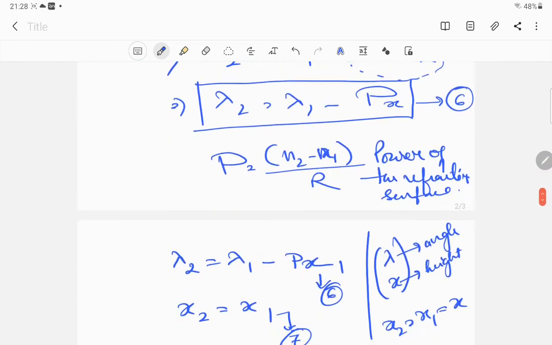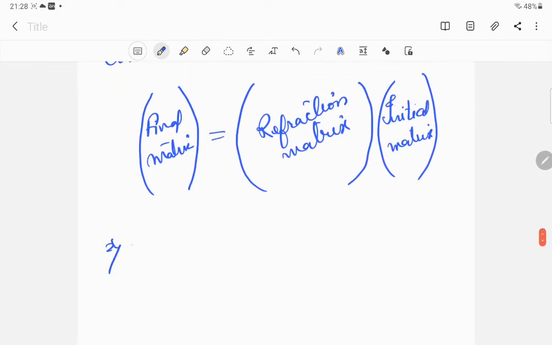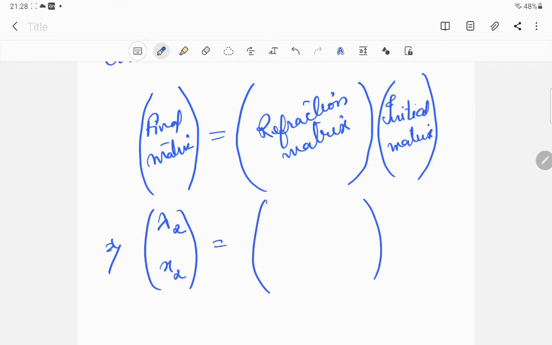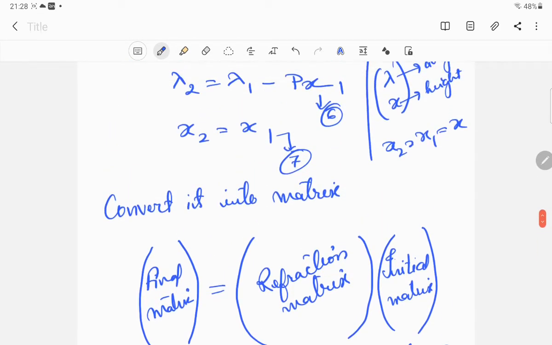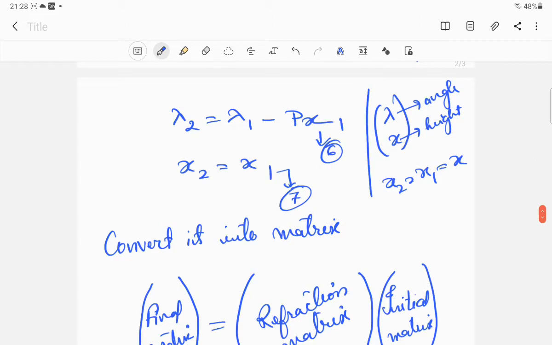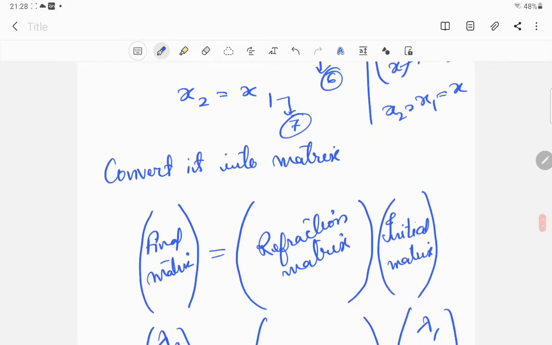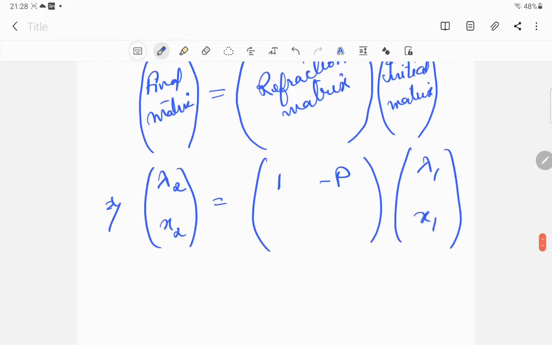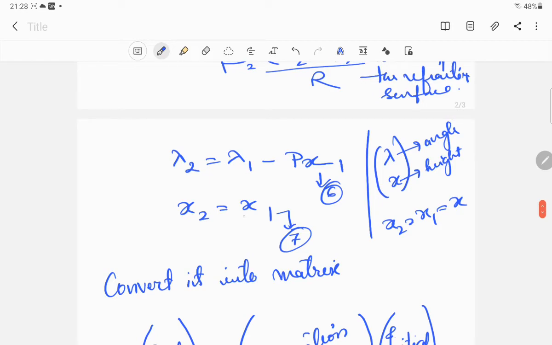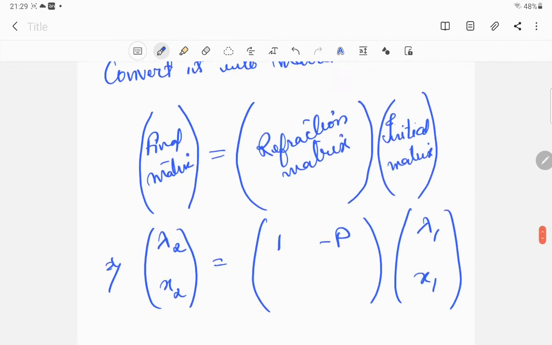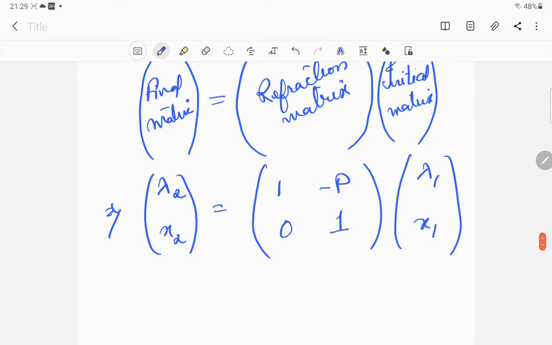So in the matrix form, what can we write? Lambda 2, x2, and then we have lambda 1, x1. Now let us see how to modify it. In place of lambda 1 it is 1, and in place of x1 it is minus p, so it will be 1 and minus p. And here, is there any lambda element? No. So for lambda it will be 0 and the x element is 1, so it is 0 and 1.